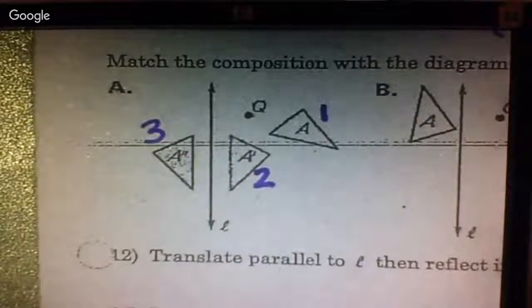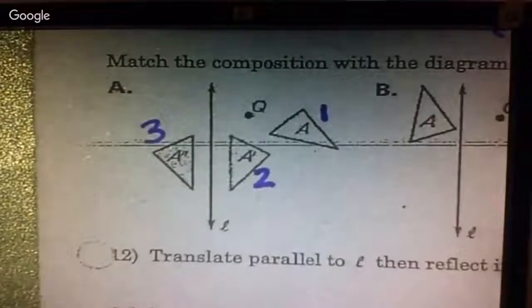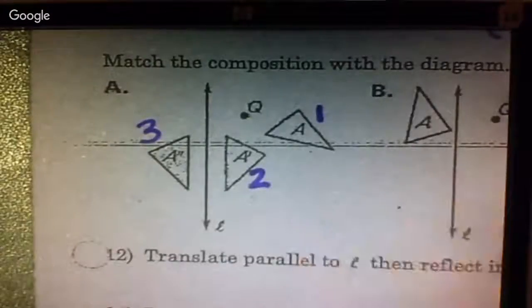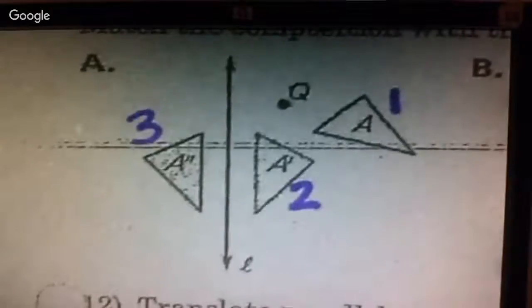To go from 2 to 3, I'm reflecting. Rotate and then reflect. That's number 14. So 14 is A. We rotated about point Q and then we reflected over the line.